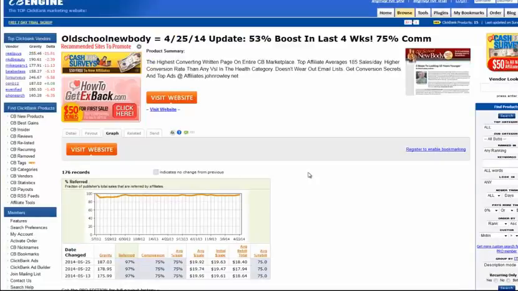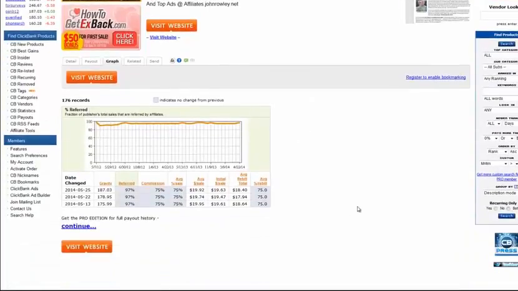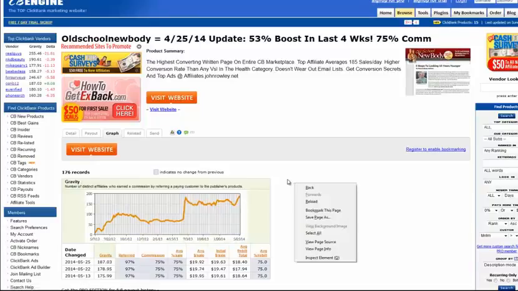So percent referred means the number of affiliates. This one's got 97%, so all their sales come from their affiliates, which means probably it's a good product to promote. On CB Engine, that's one thing we would check. Make sure there's a lot of people. It doesn't have to be 97%, but just a few.